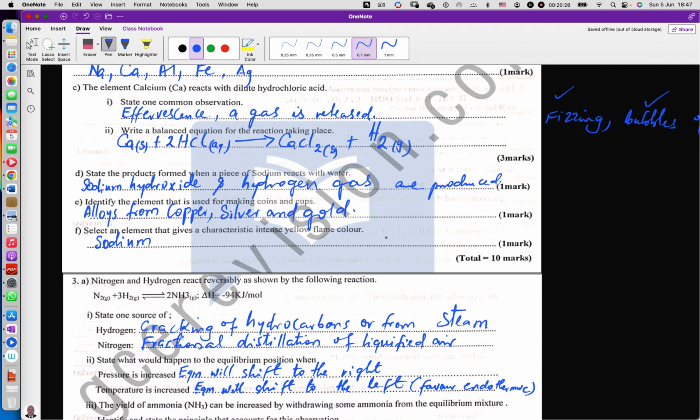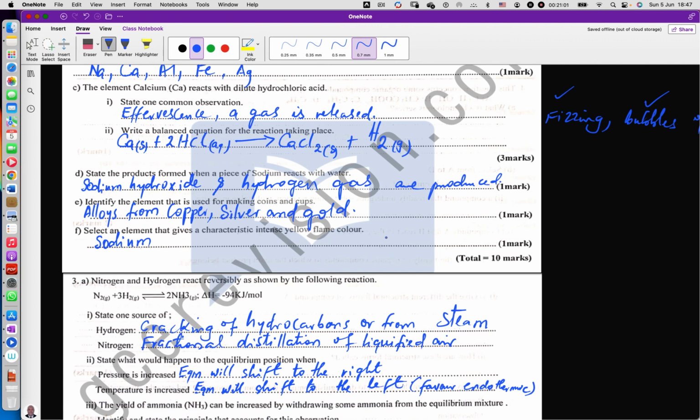Remember that when sodium is put in water, even though the reaction is very vigorous, at the end of the day sodium belongs to group 1 of the periodic table, a group 1 metal, and what will be formed is sodium hydroxide. It's a strong alkali that will be formed.